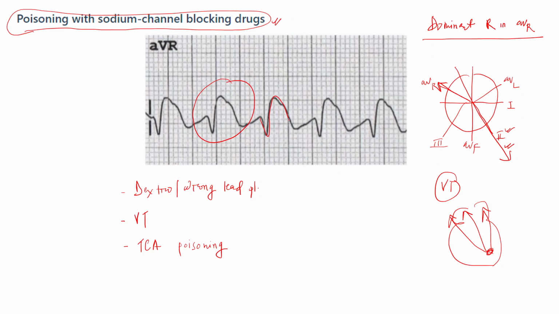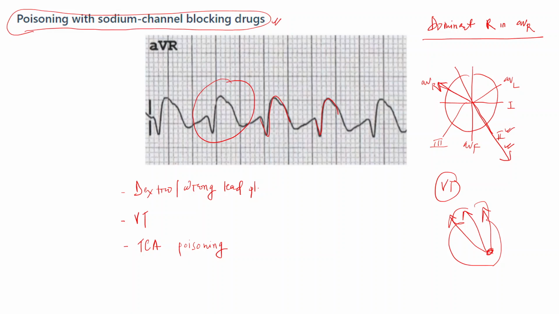This pattern is very characteristic of tricyclic antidepressant poisoning. You all must be knowing that the treatment for TCA poisoning is soda bicarb. We'll be reading TCA poisoning again in the ECGs of toxicology. So for the time being, remember that dominant R in aVR means either ventricular tachycardia, TCA poisoning, or dextrocardia or wrong lead placement.